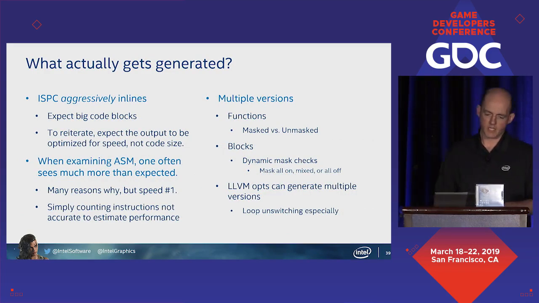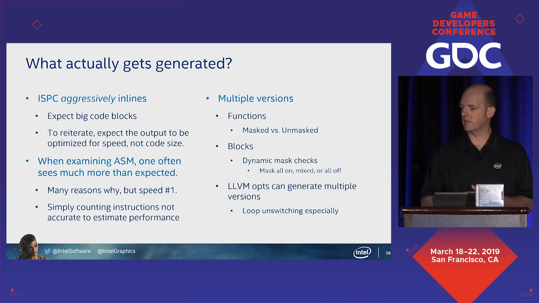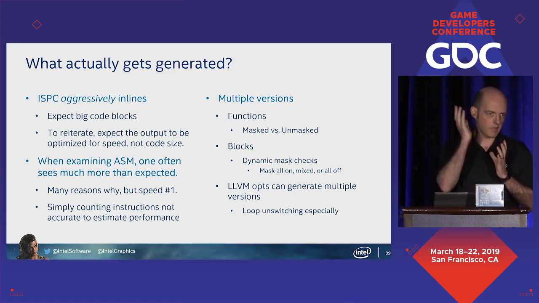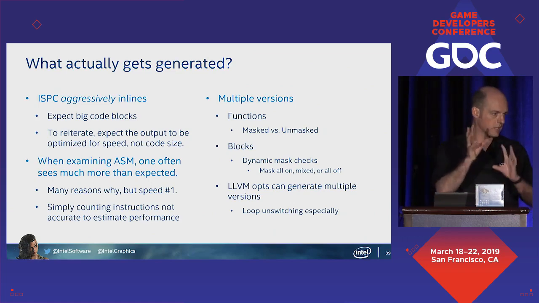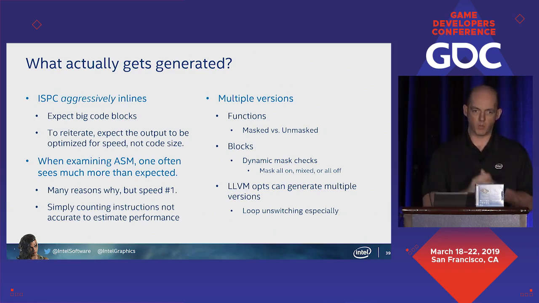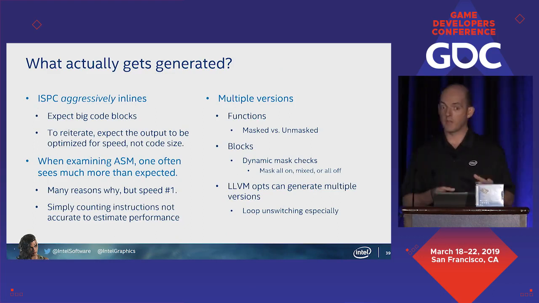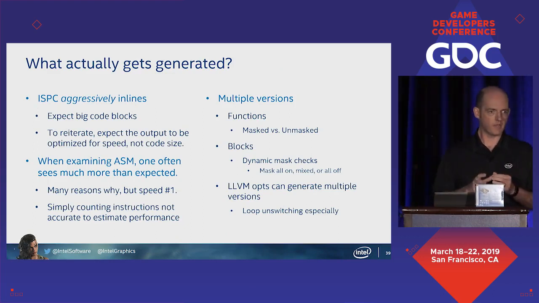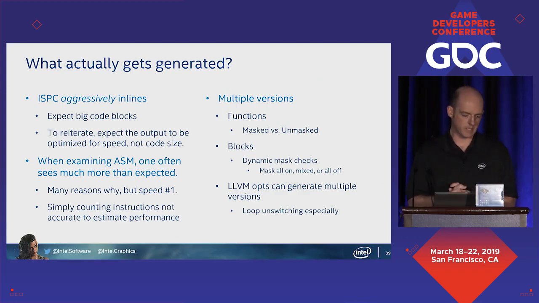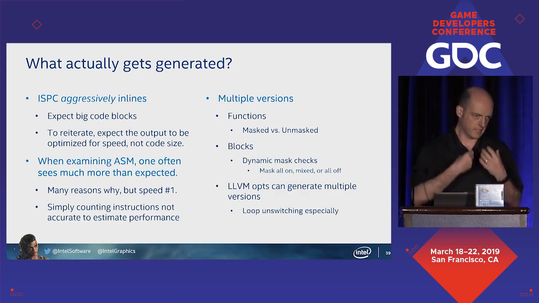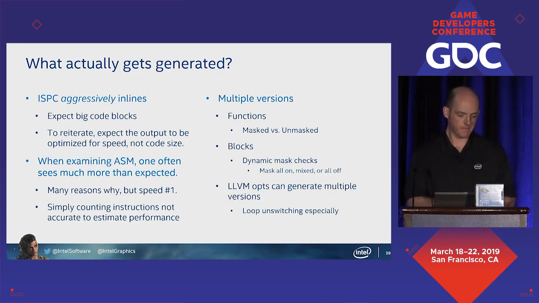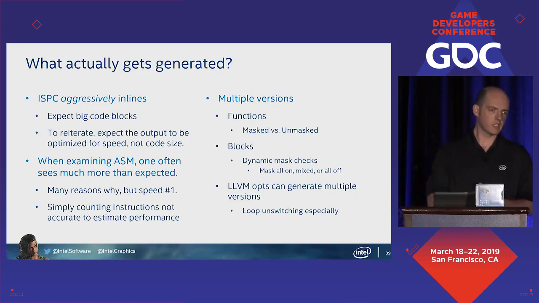In terms of the generated code, ISPC aggressively optimizes for speed. You might write lots of nice code, with lots of nice little inline functions throughout, but when you actually come to look at the assembly, they're all gone because it's all very aggressively inlined. But that's good, that's what we want. We want the performance. However, when you look at the assembly, you might find there's a lot more code in there than you anticipated. This is one of the reasons. We've got all this inlining going on. You might find multiple versions of functions.